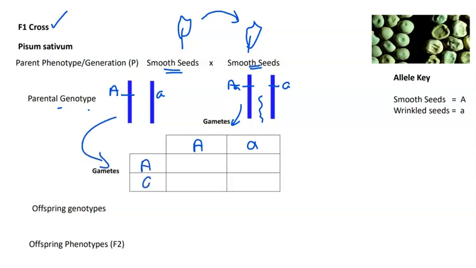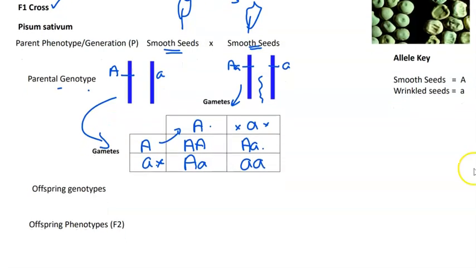Big A, little a. If this pollen grain fertilizes this ovule, then we would end up with a homozygous dominant genotype. If we cross with this one, we would end up with a heterozygote. If this one fertilizes this one, we would end up with another heterozygote. Notice that we always put the dominant allele first. And then this one with this one would give us the homozygous recessive.